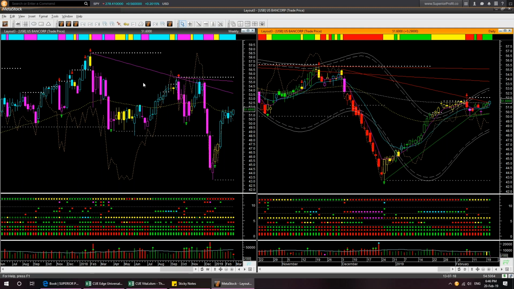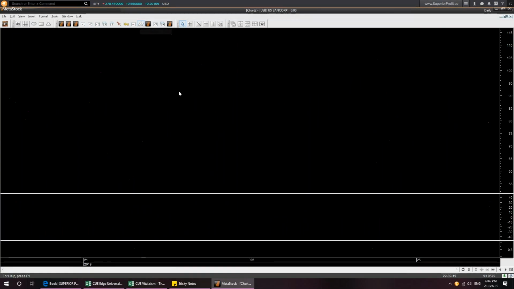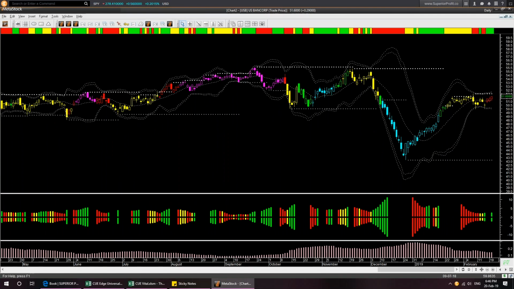How do we visualize the squeeze? I mentioned we have many chart templates. One is to visualize the volatility or squeeze of the stock, and I have set up everything on the MetaStock toolbar. That is an efficient way of trading.